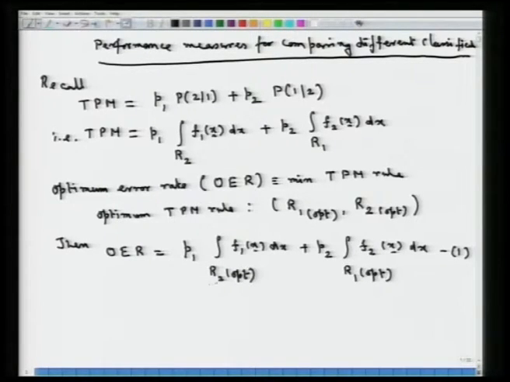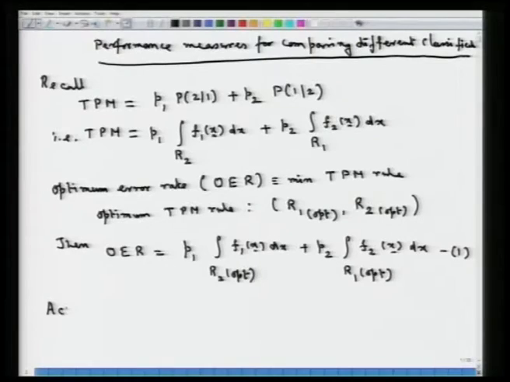You look at the optimum partitions that you obtain and then calculate the total probability of misclassification corresponding to them. Note that when we talk about R1 opt and R2 opt, these quantities, as we saw in the earlier lectures, depend on population quantities like the unknown mean vector and unknown covariance matrix in the case of multivariate normal populations.